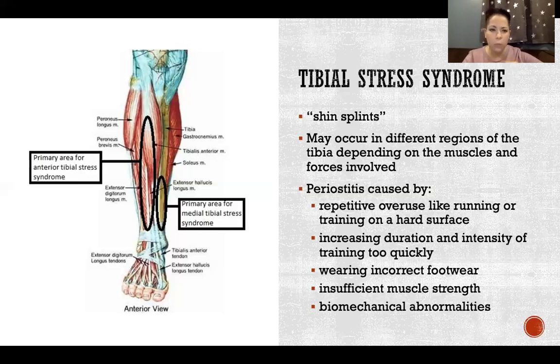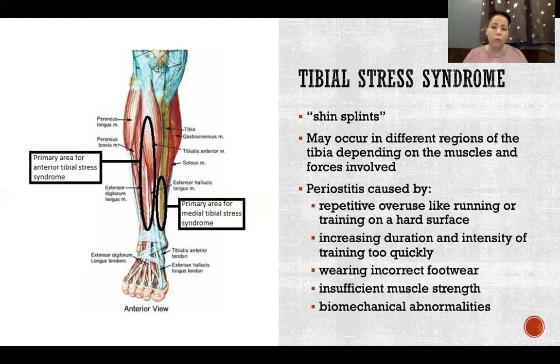So if it's caused by somebody running, or maybe they're running with the wrong footwear or whatever combination of factors is causing it, they have to stop the running, and then you can use ice and other therapies to try and allow it to heal faster. But returning to the activity before it has completely healed will cause it to just come right back full force immediately. Okay, so you have to allow it to heal completely.